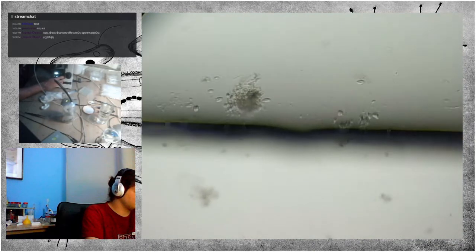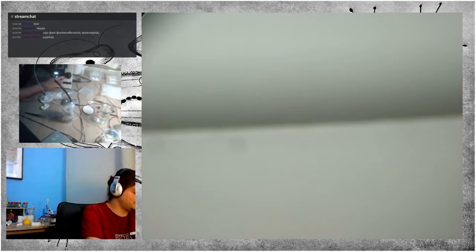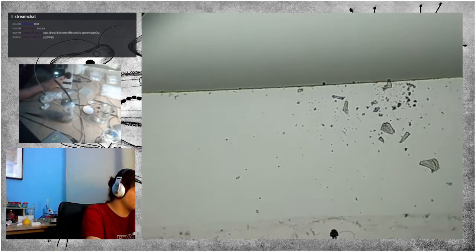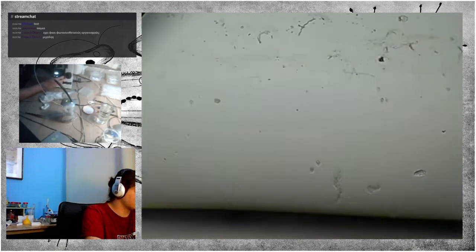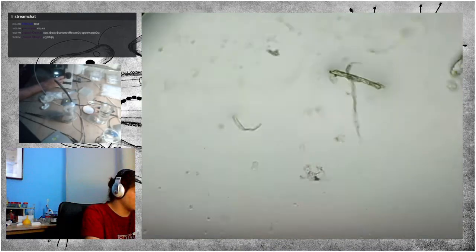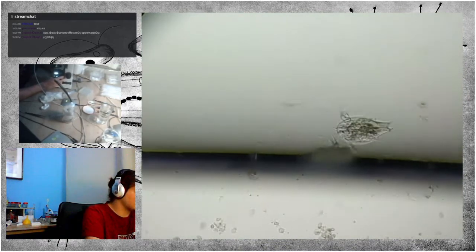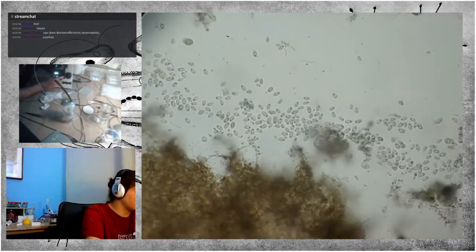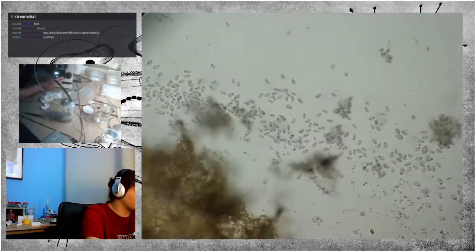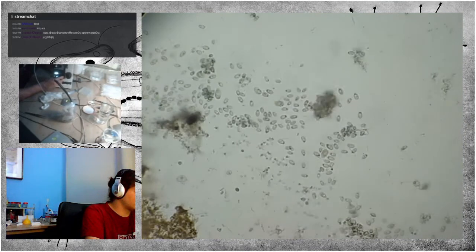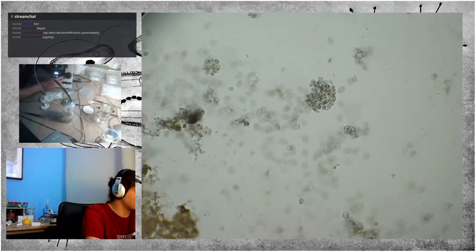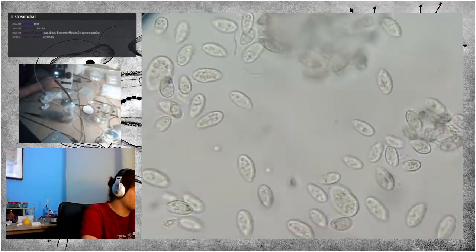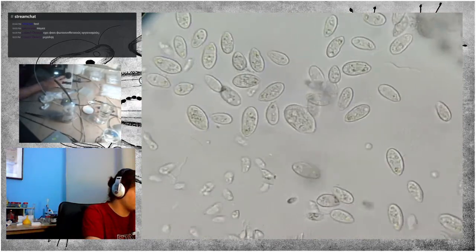The thing is that since the water border outside the cover slip is quite large, they can roam around outside the cover slip, which is probably, holy shit, more comfortable for them. Oh, what's happening here? It's not very good for observing them, though.